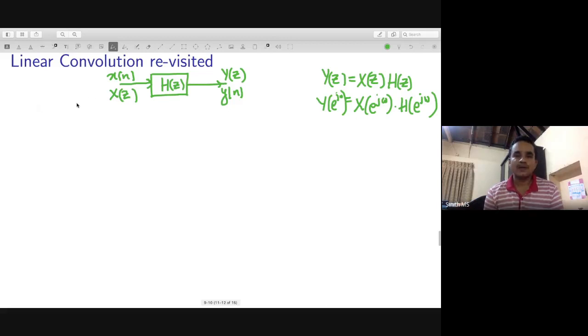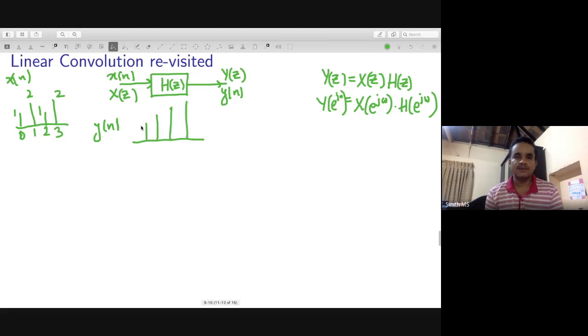Now, we know that x[n], suppose x[n] is a signal like this. So you have 1, 2, 1, 2, and this is x[n], and suppose you have y[n] given by, say, 1, 2, 3, 4. Then this is represented as indices 0, 1, 2, 3, and you normally put an arrow here representing that this is the 0 index, n equal to 0.